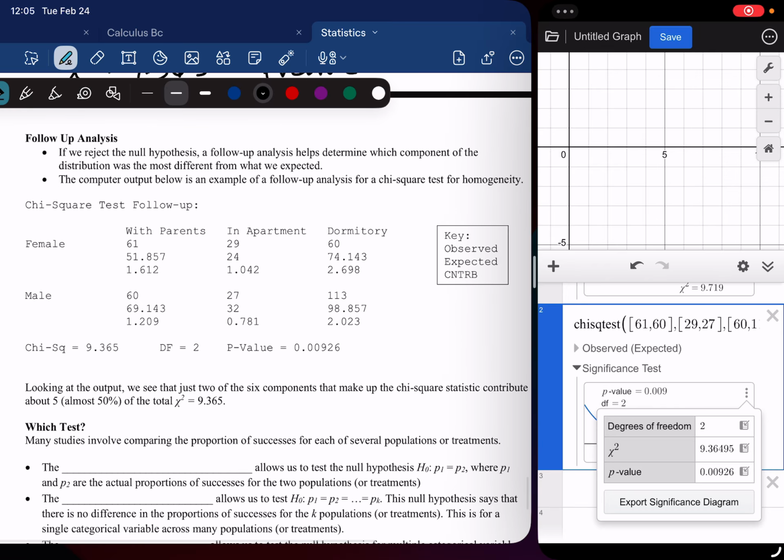So the main thing here is to pay attention to the key. Notice off to the side it says key, and then it says observed, expected, and then contributed. Which means the first number in this computer output is your observed values. I'm just going to color code it to help me with the notes. The second number there is our expected values.